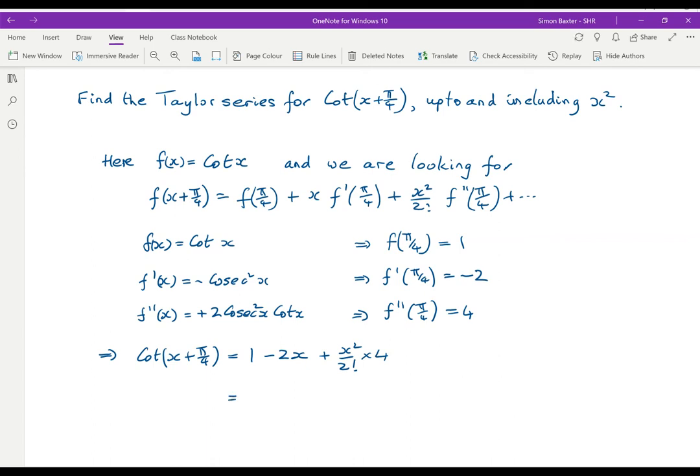This is therefore 1 minus 2x plus 2x squared, up to x squared.